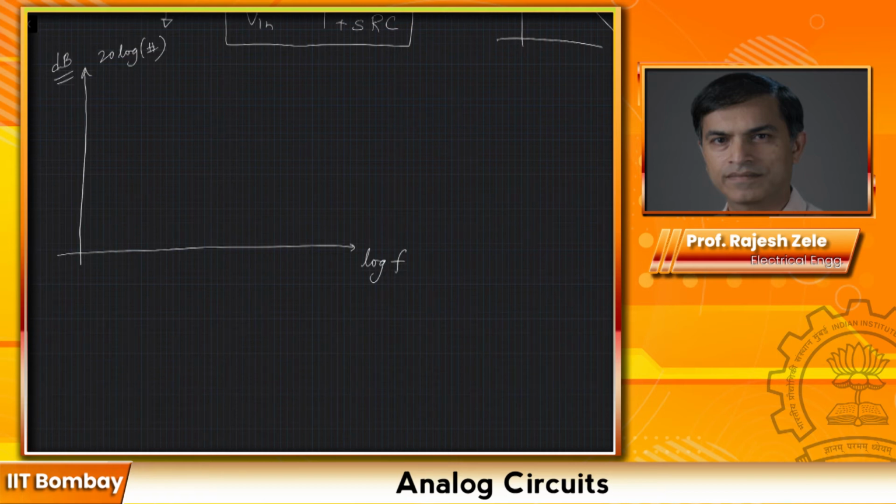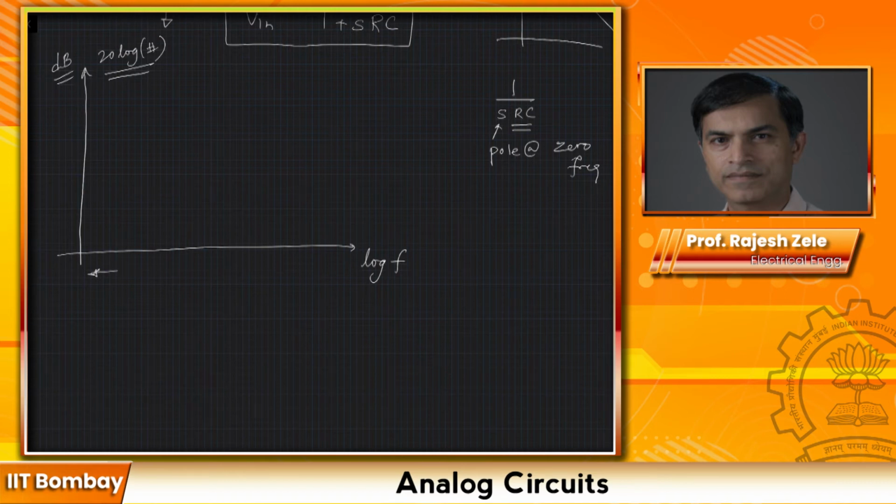Now, if you look at the ideal integrator, the expression was 1 over S RC. If you look at the mod of that expression, what this means is there is a pole at 0 frequency, which means as you keep going closer and closer towards the origin, the gain is infinite.